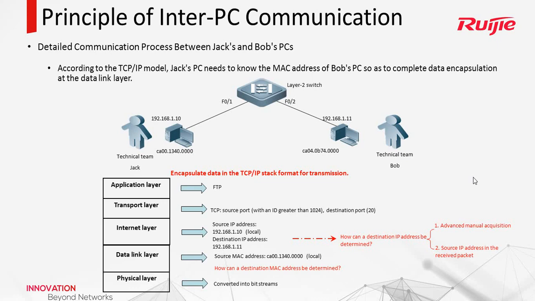The source IP is Jack's PC and the destination is Bob's server. And for the data link layer, the source MAC address is Jack's PC. But how can the destination MAC address be determined? I know that you remember we talked about ARP technology.